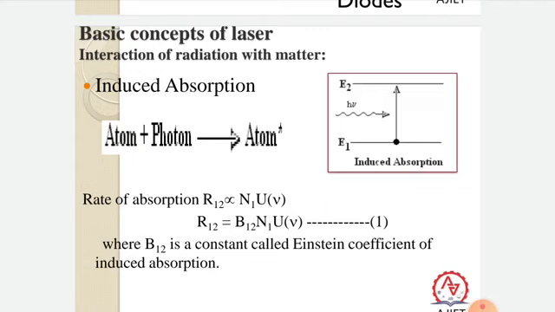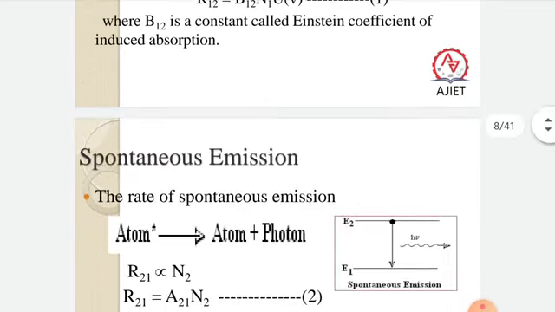Or R12 is equal to, removing the proportionality, introducing a constant B12, so R12 is equal to B12 N1 into U of nu, where B12 is a constant called the Einstein coefficient of induced absorption. It is B12 because the atom gets excited from 1 to 2.